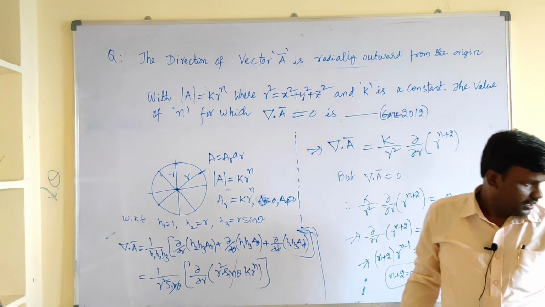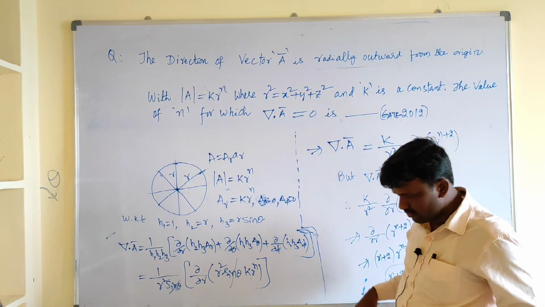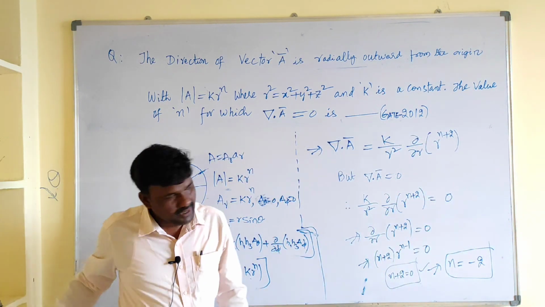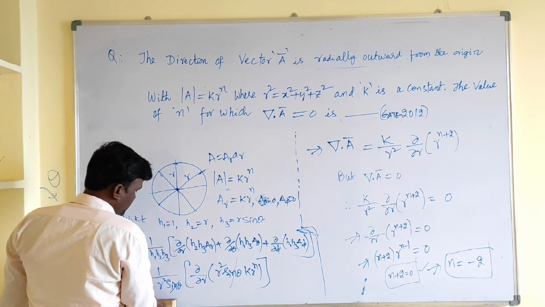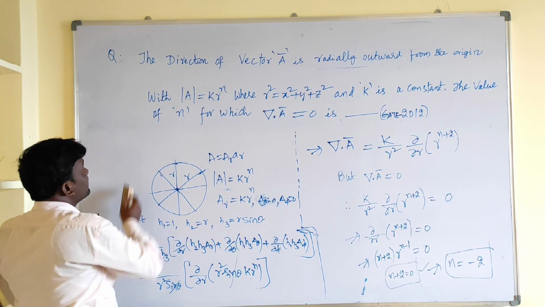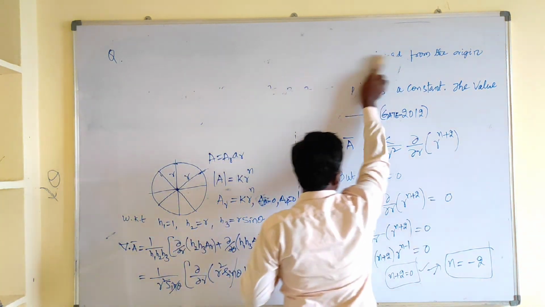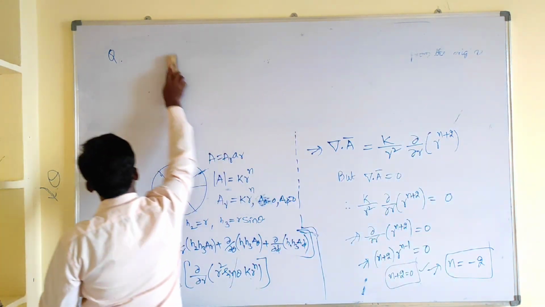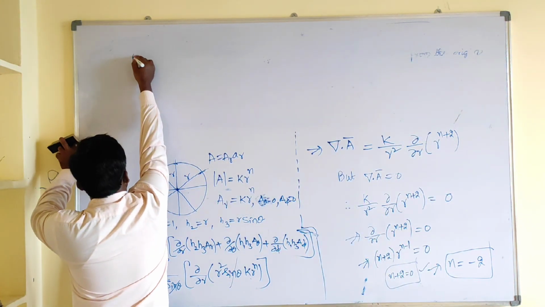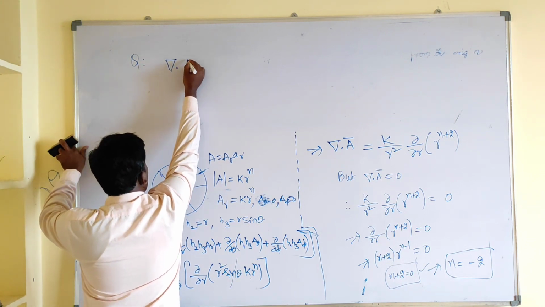Okay. Now we will solve another problem. It was asked in GATE 2012, and we have one simple problem that was asked in GATE 2005. A simple question. If you apply common sense, you will get the answer.